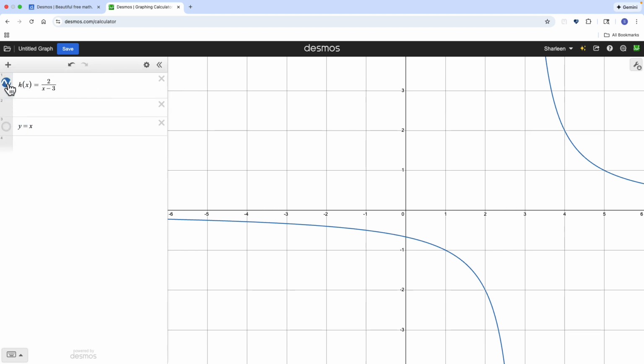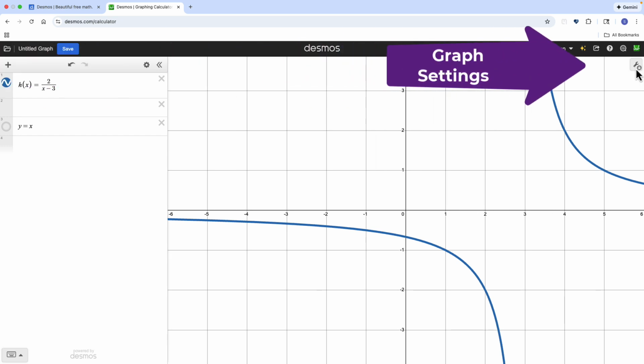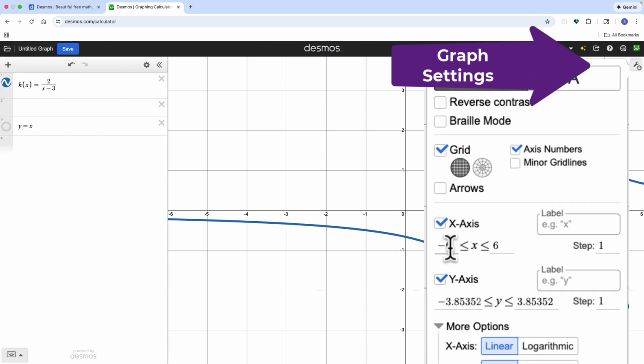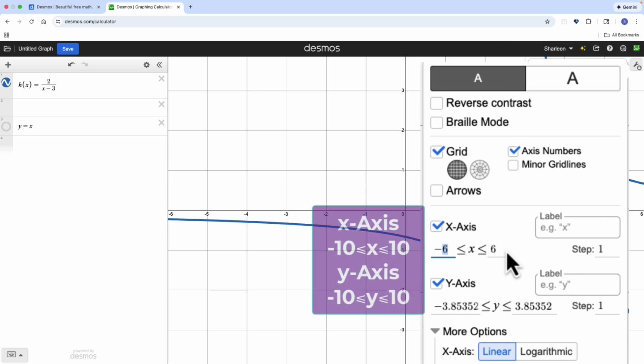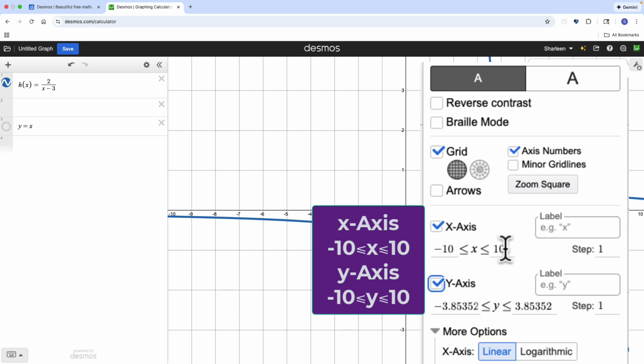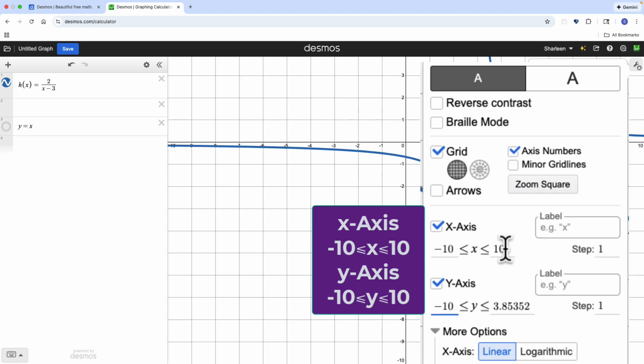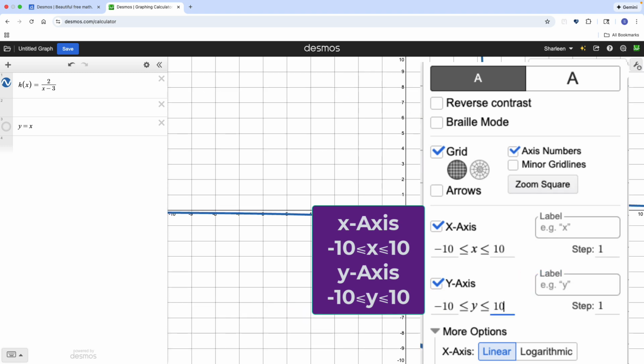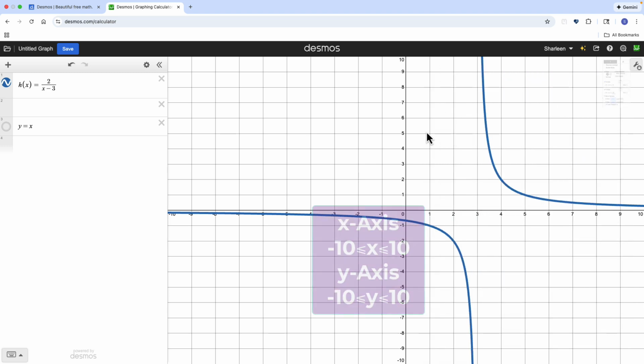The first thing I'm going to do is make the function a little bit thicker so it'll be easier to see. Now the next thing I need to do is go over to the upper right hand side, and to make the window a little bit larger, I'm going to edit the x and y axis to be from -10 to 10 for both x and y.